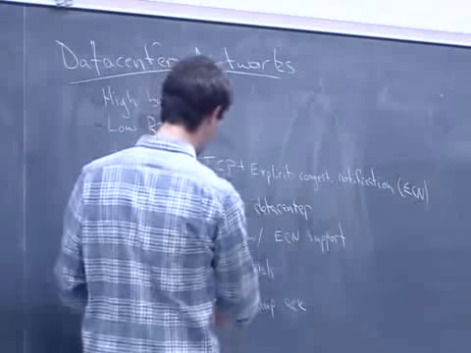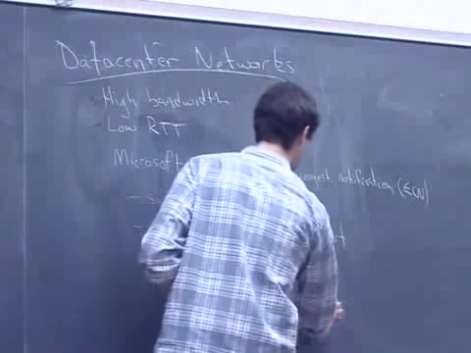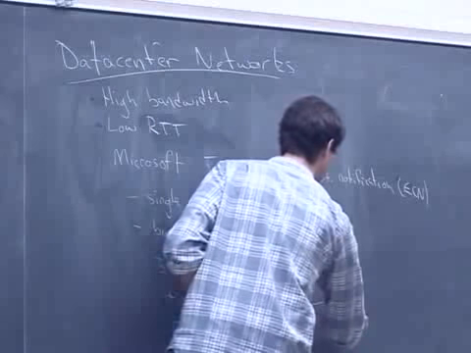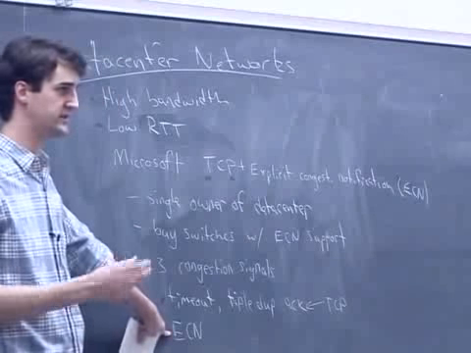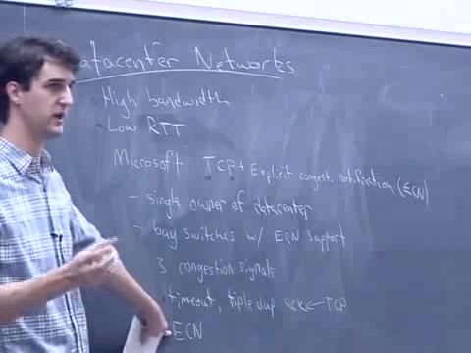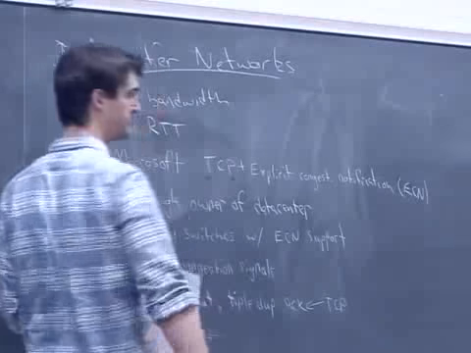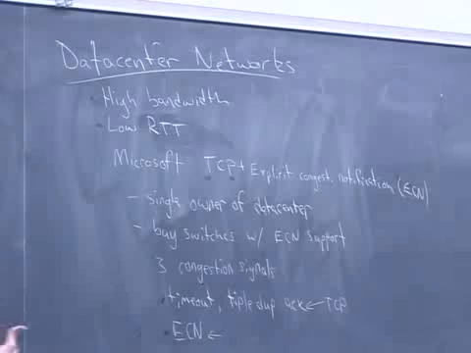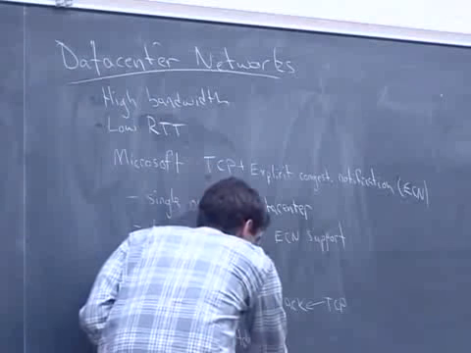These are handled the same way as they are handled by TCP. But this explicit congestion notification means that there's starting to become congestion in the network. So here, instead of doing the multiplicative decrease that TCP does, we do an additive decrease in window size.